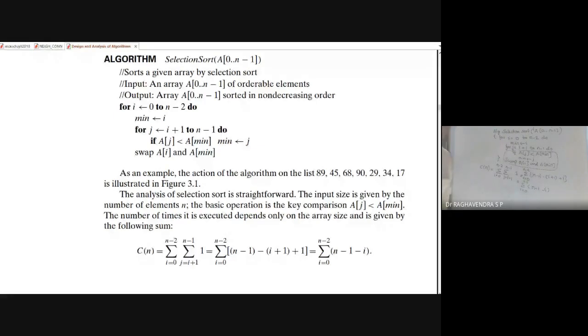Yes or no? Yes, sir. Next, let us continue the further simplification. If you simplify this further, we have n minus 2, that is the upper bound, minus lower bound 0, then plus n minus 1 minus I.